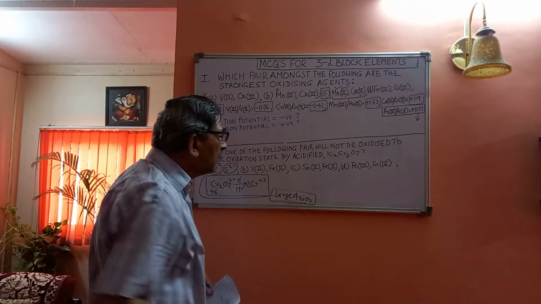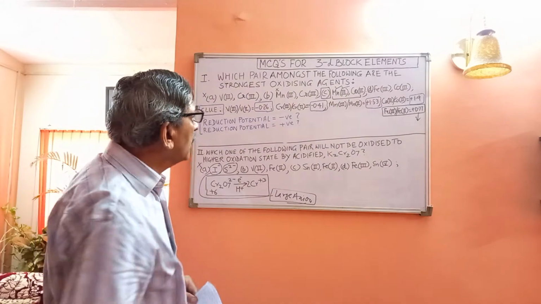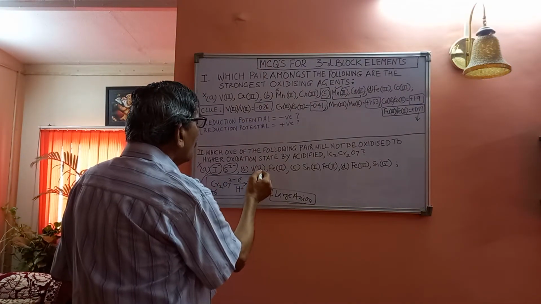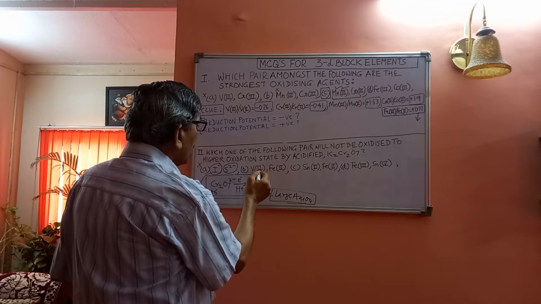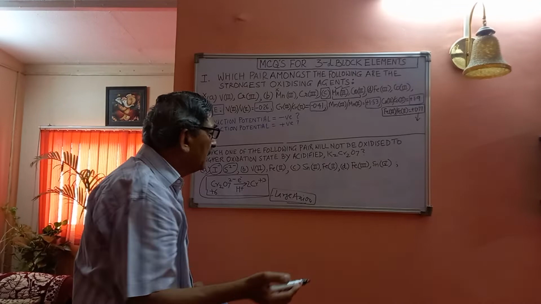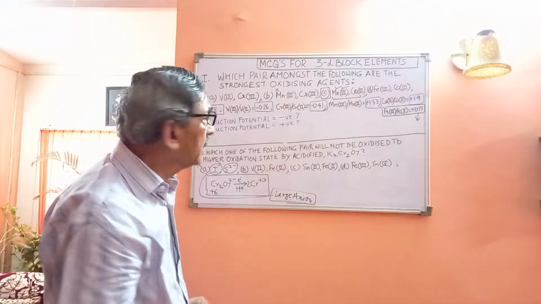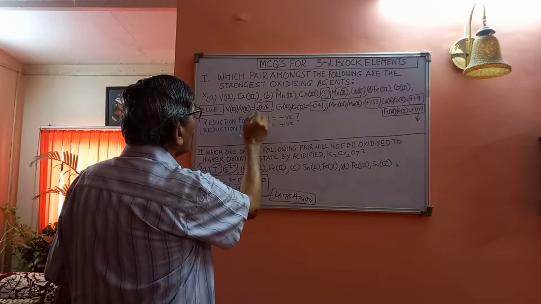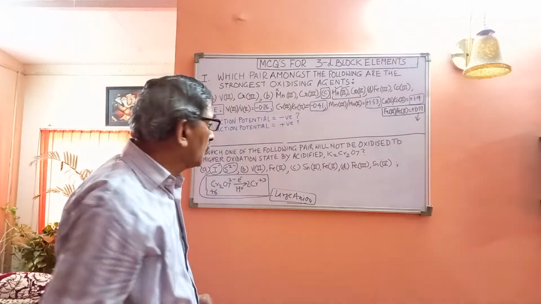If you look at vanadium 2 and iron 2, vanadium 2 we know will oxidize easily to vanadium 3, because if you reverse this potential, it becomes positive, so the Gibbs free energy will also become positive.